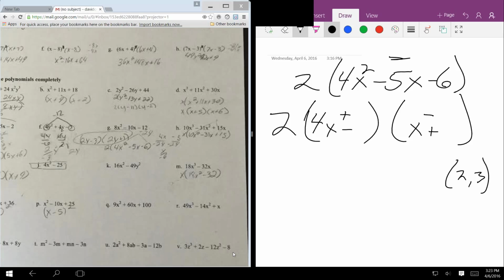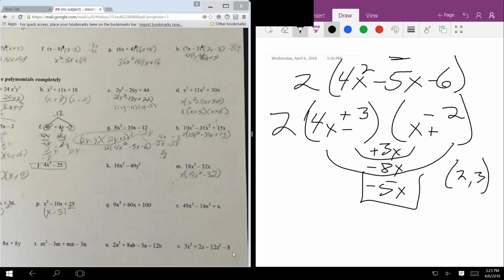And I can kind of see that if I use 3 here and 2 there, what's my middle term? 3x. And negative 8x. Add those together, you get negative 5x. That's the answer. We found our middle term.